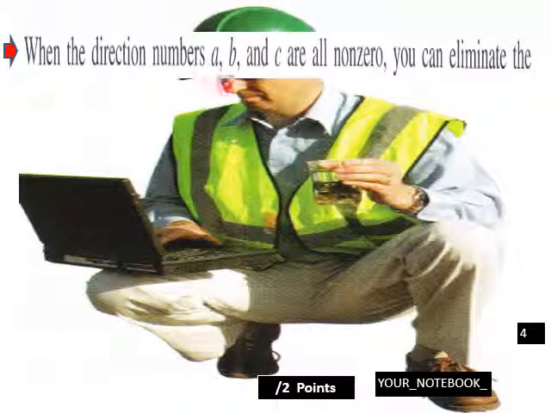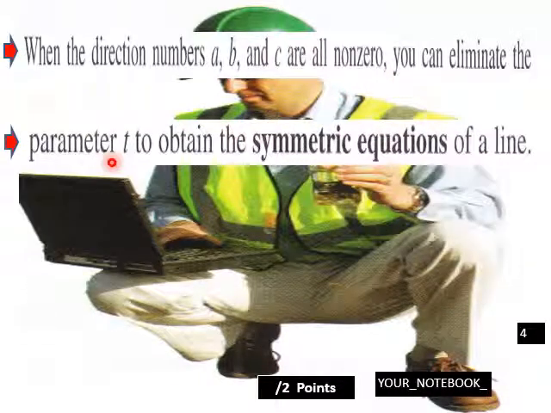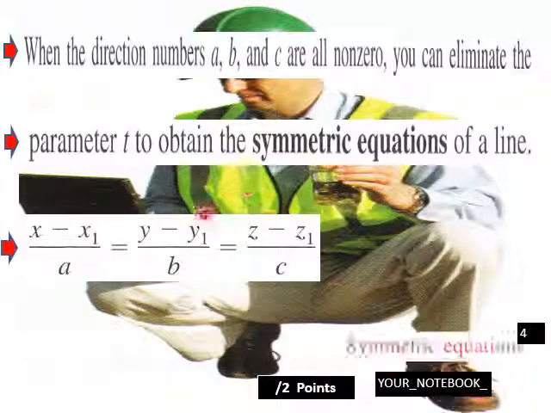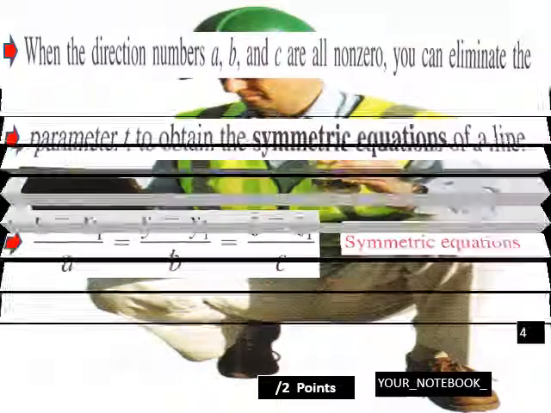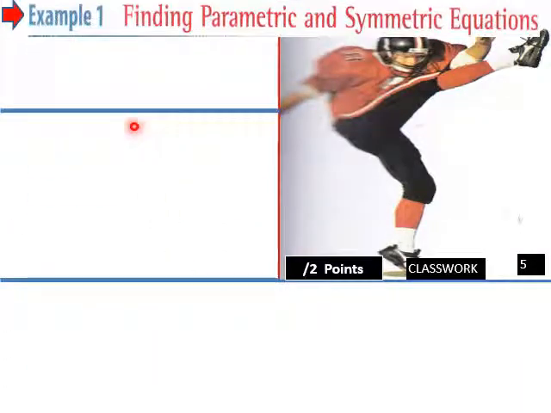When the direction numbers A, B, and C are all non-zero, you can eliminate the parameter T to obtain the symmetric equations of a line. Here is an example: X minus X1 over A, Y minus Y1 over B, and Z minus Z1 over C.